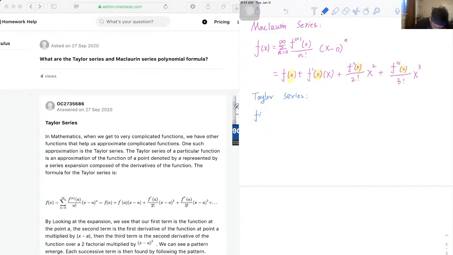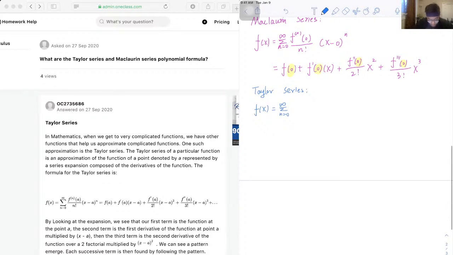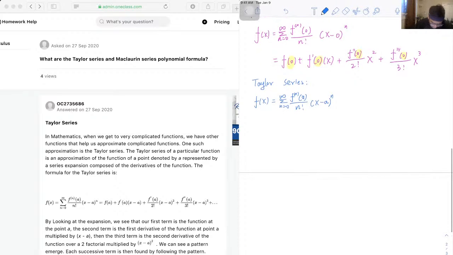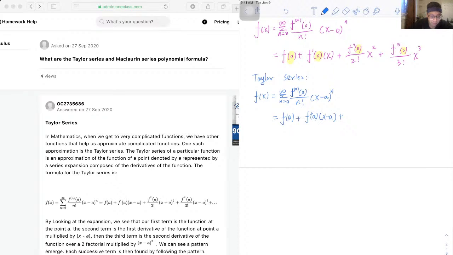This is given by f(x) is equal to the summation, n starting from 0 to infinity, f^(n)(a) over n factorial times (x minus a) to the exponent of n, which is equal to f(a) plus the first derivative f'(a) times (x minus a), plus the second derivative f''(a) over 2 factorial times (x minus a) squared, plus the third derivative f'''(a) over 3 factorial times (x minus a) to the exponent of 3.